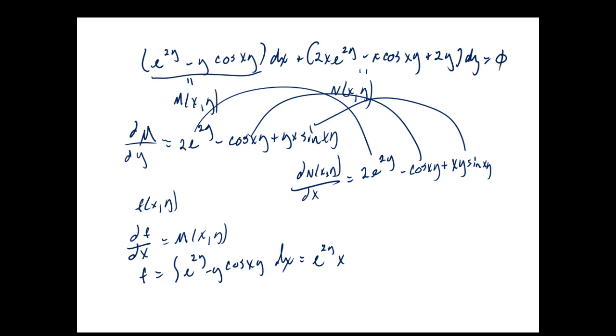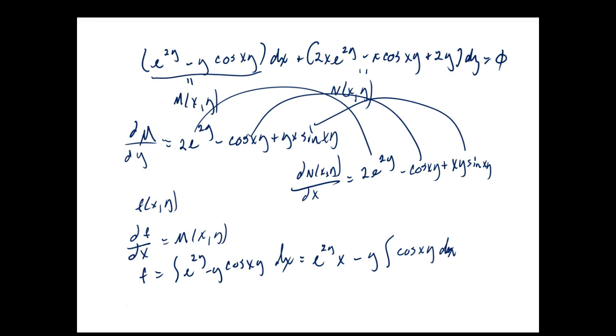Now the next part. The y can come outside. In fact, let's do that. Minus y times the integral of cosine xy dx. Okay?